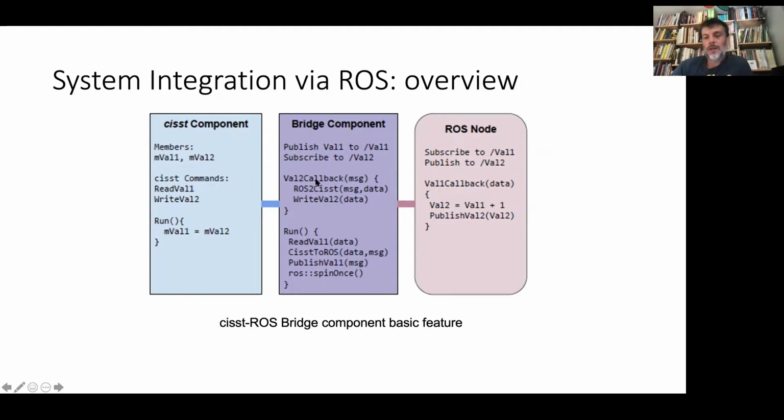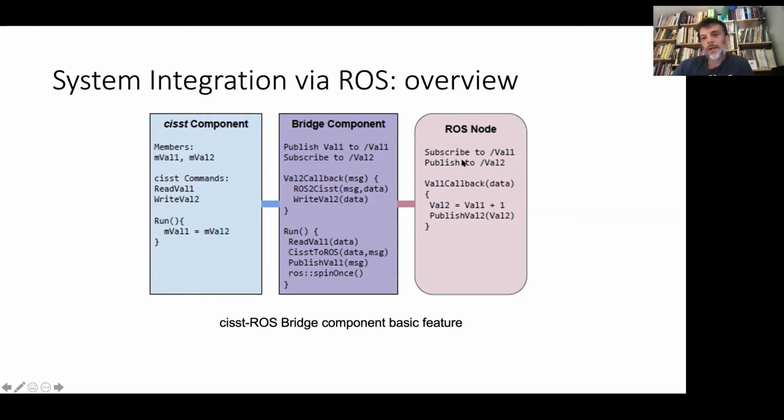The code here is basically going to do, in the run loop, a continuously running loop that is going to continuously read what is in the cisst component value 1, convert it to ROS. We talked about conversion. You need to be able to convert back and forth, and then publish it. So now I have continuously publishing value 1. Whoever has updated it, the ROS node will have it accessible through the subscriber to val1.